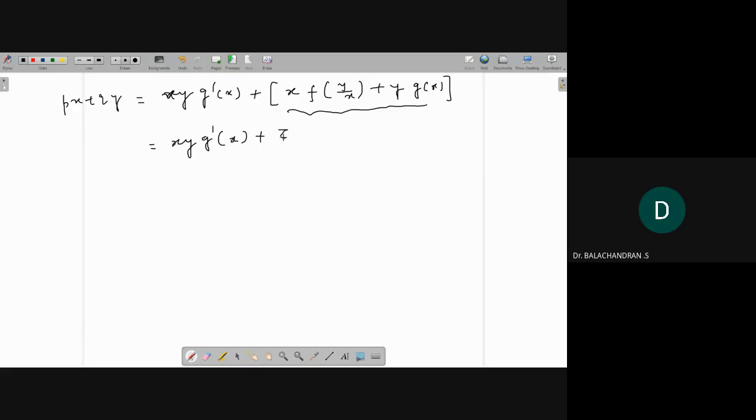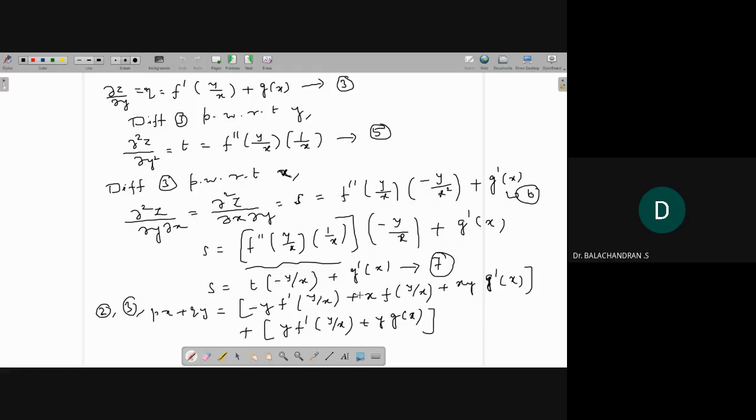Okay. Now xy. So I want to eliminate the g dash of x also. So g dash of x, I think on the previous slide, equation 7, please check it. G dash of x is equal to what? s plus ty by x.